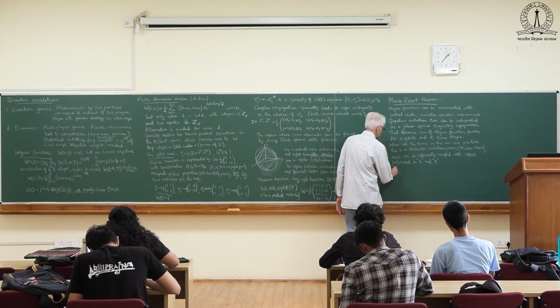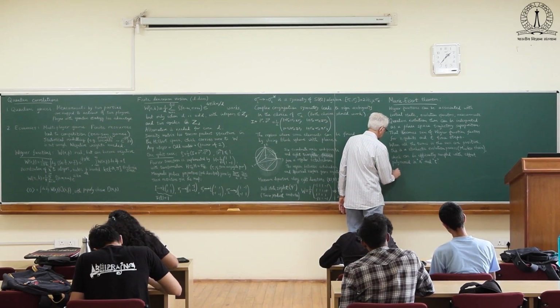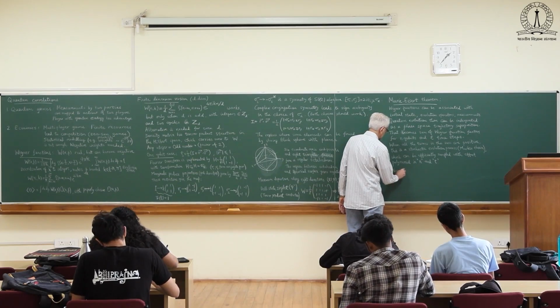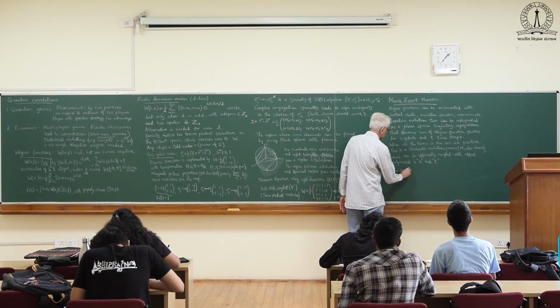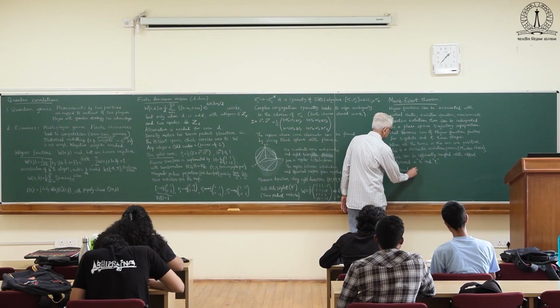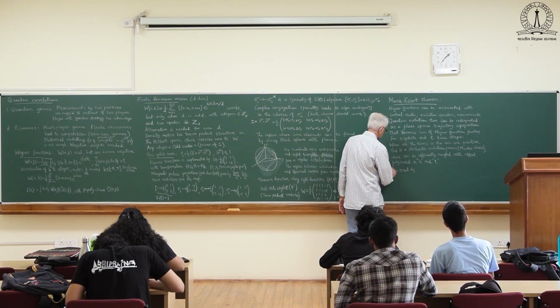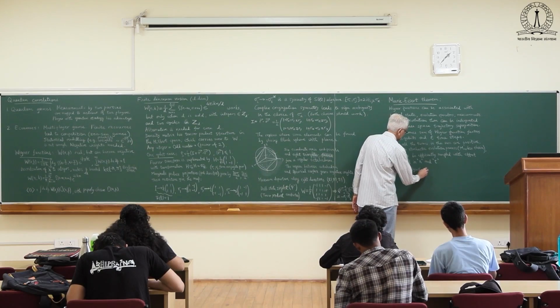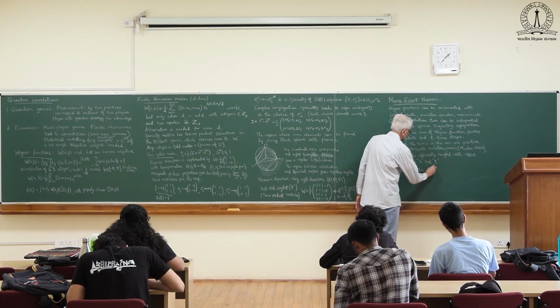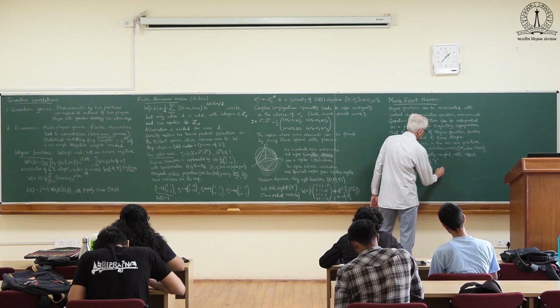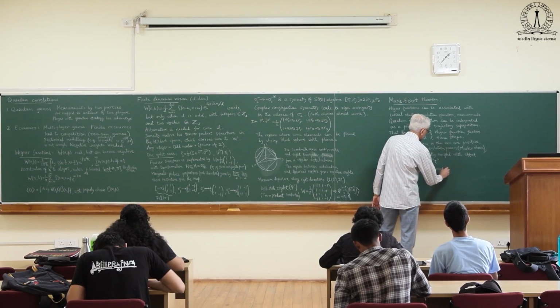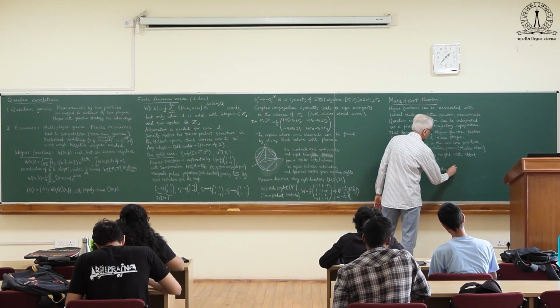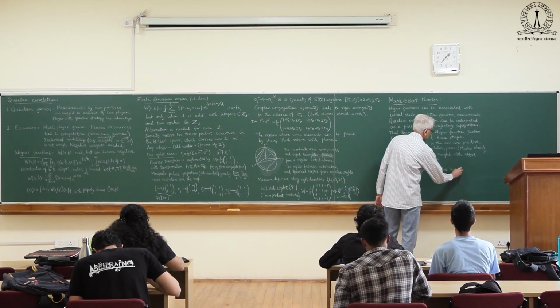So for a non-trivial algorithm, there's a consequence: you need a negative Wigner function somewhere.